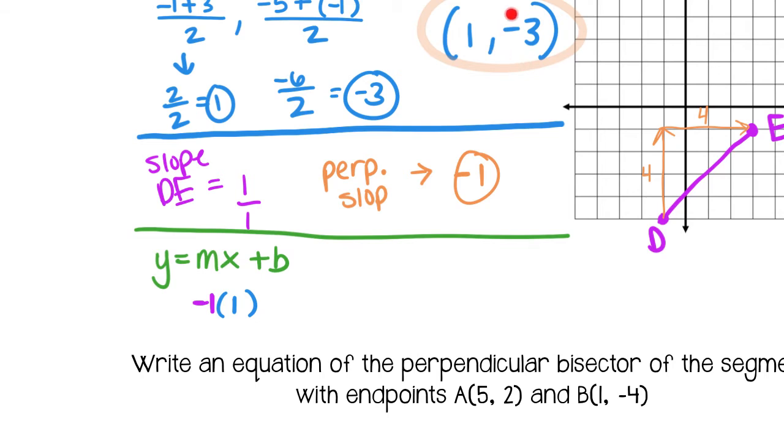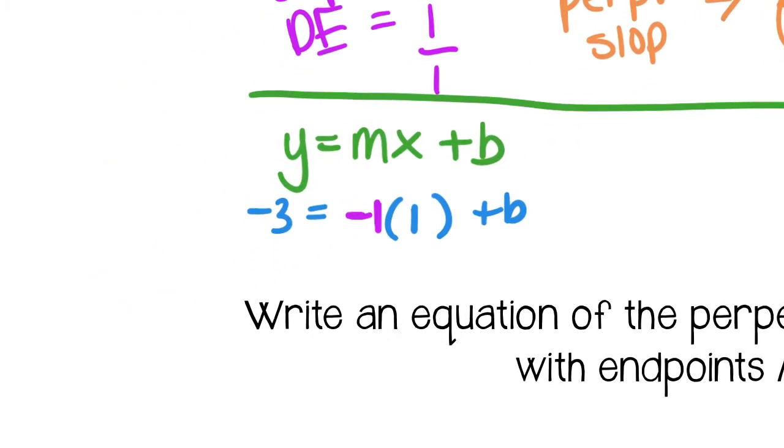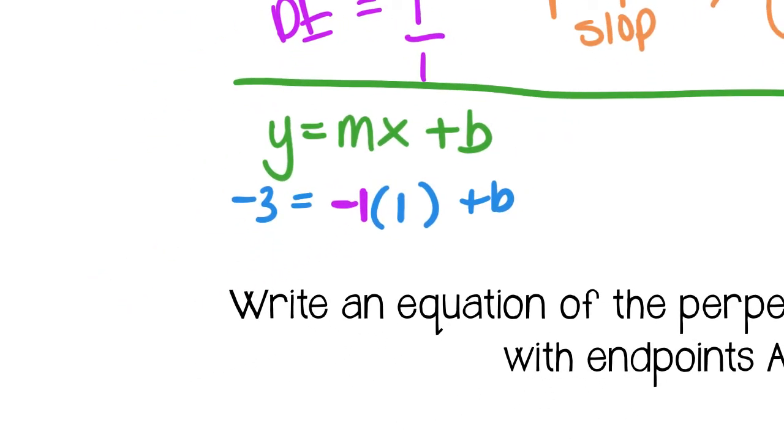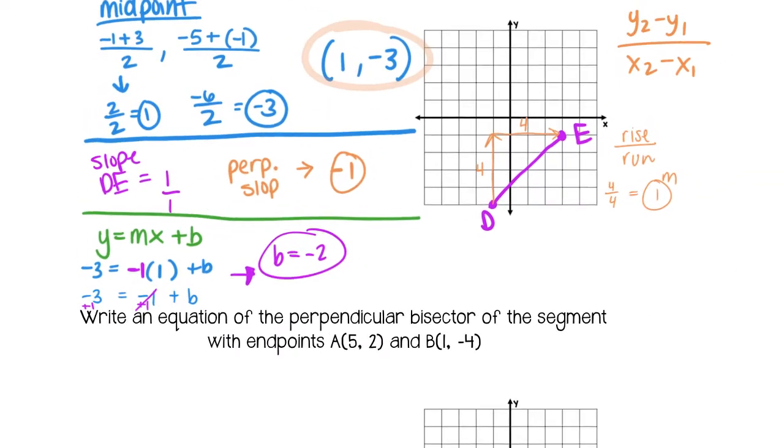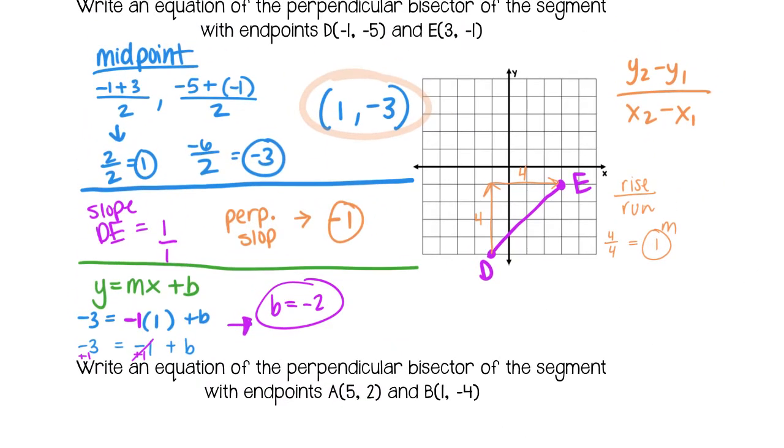Our y value is -3, so that's going to go over here for the y value, and the b we don't know. All right, and then let's solve this. Negative 1 times 1 is negative 1. And then we would have to add the 1 to the other side here. Sorry, I'm running out of room. I'm going to write it over here. This is going to be, let's see, negative 3 plus 1 is negative 2. So that's our y-intercept.